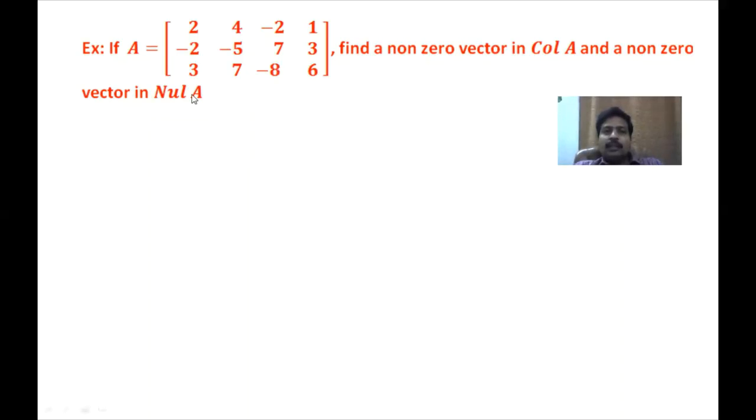All the columns are in the column space A, since each and every column can be represented as a linear combination of columns. So, to find a vector in column space is simple.